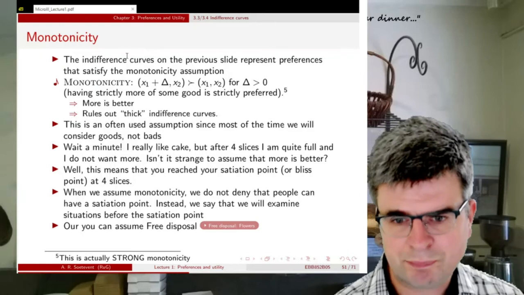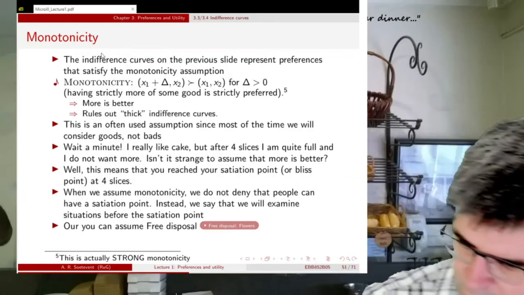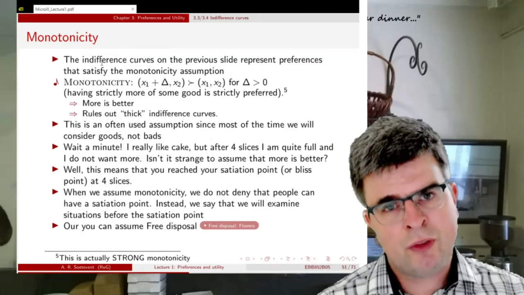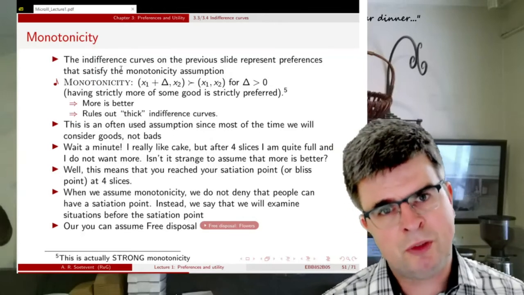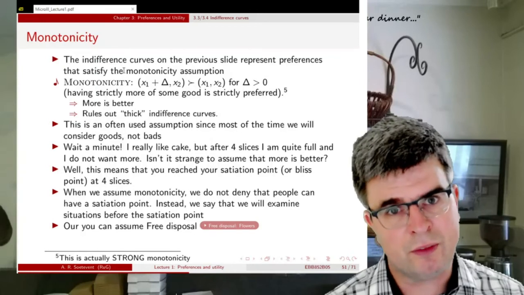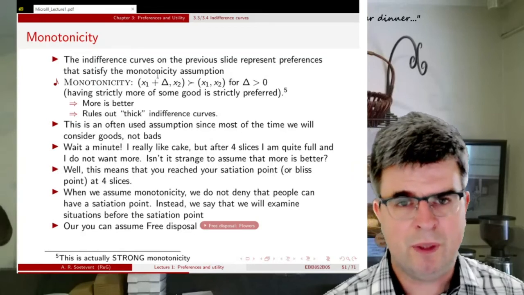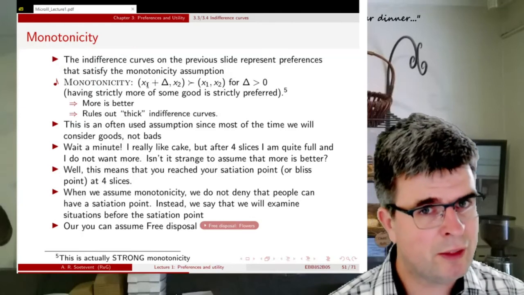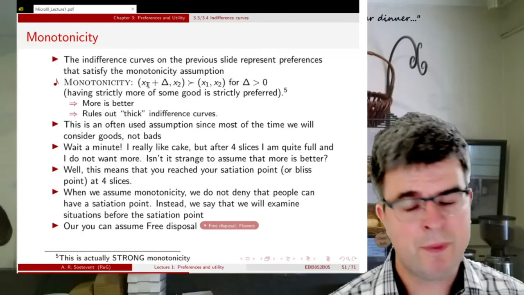And I have a favorite example of this, that free disposal is an assumption that you may need in practice. We go to the theater, and at the end of a show, the artist often receives a bunch of flowers from the theater. Now, monotonicity would assume that the artist is very happy with that. The more flowers, the better.